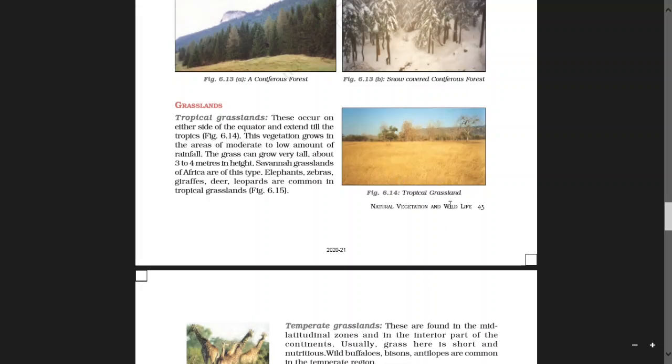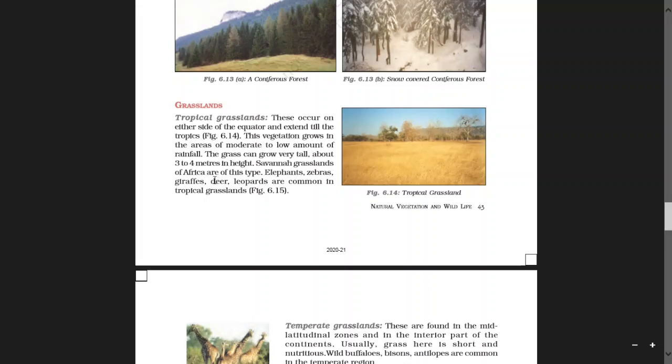This vegetation grows in areas of moderate to low rainfall. The grass can grow very tall, about 3 to 4 meters in height.